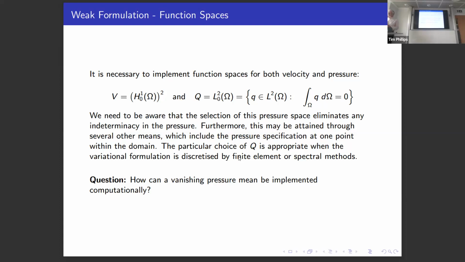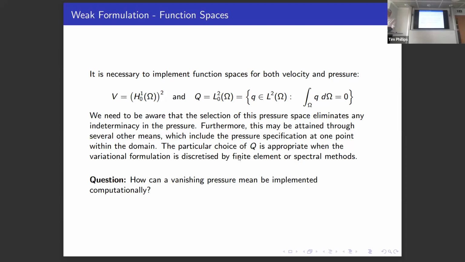So the question is, how can a vanishing pressure mean be implemented computationally? This is a condition on pressure over the whole domain, and is a little bit tricky to implement, and great care needs to be taken in order to ensure this condition is satisfied.